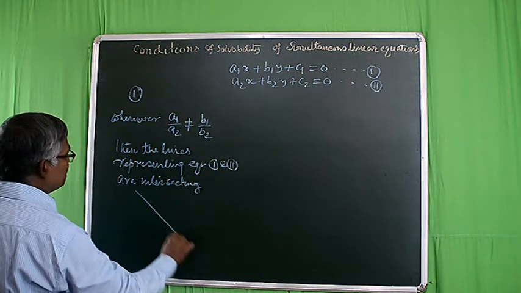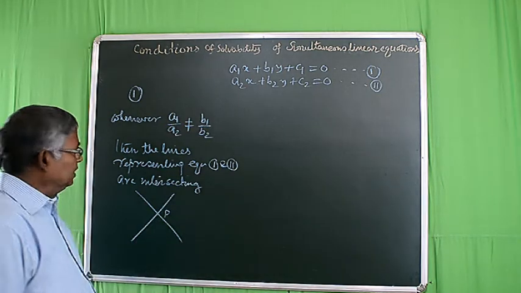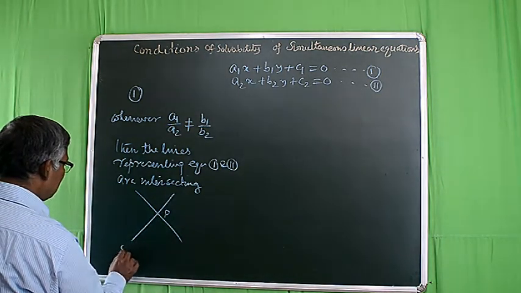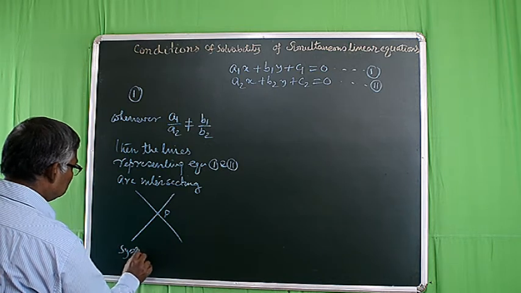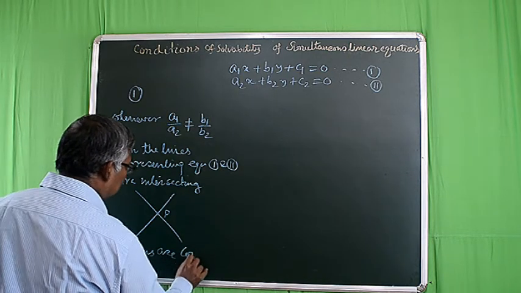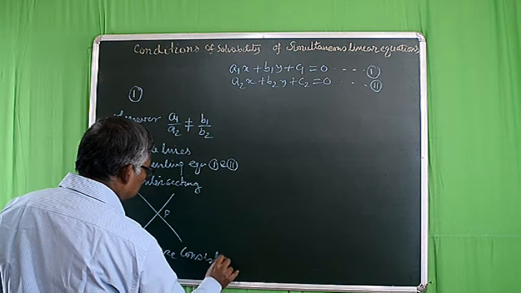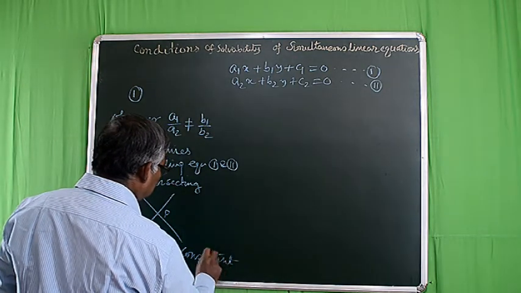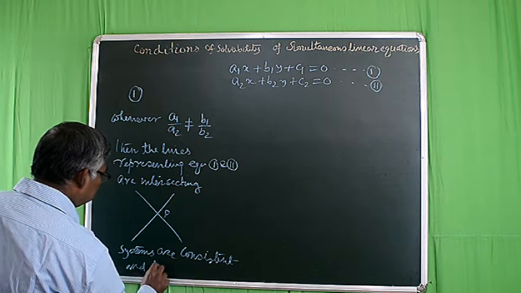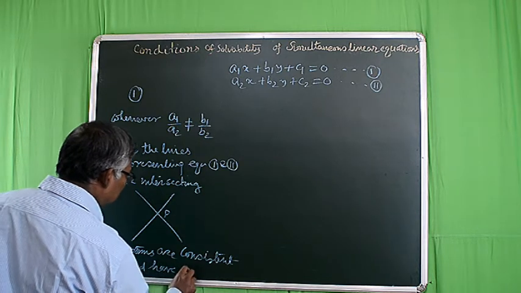That is, the lines are intersecting. Students, in this case we say the systems are consistent and have a unique solution.